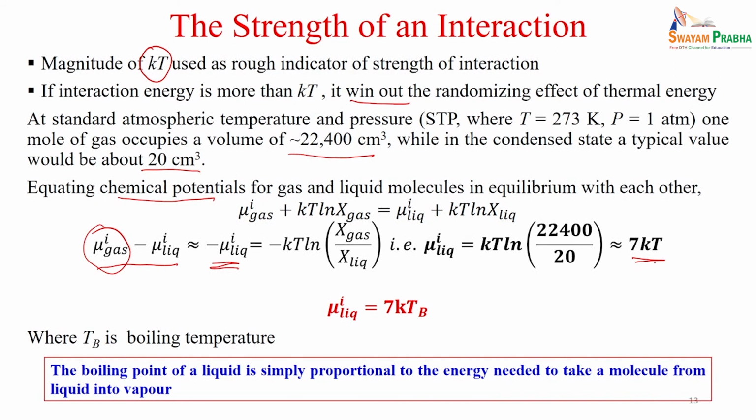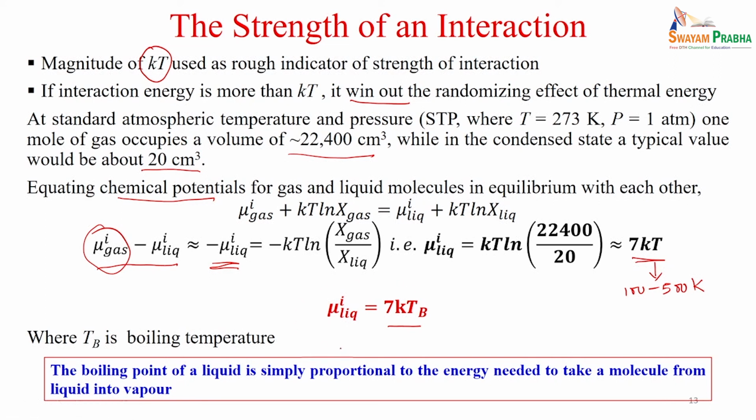And it has been observed that this value does not significantly change with the temperature in the range of maybe 100 to 500 Kelvin. So, if you consider boiling point is falling in this range, we can simply write T as Tb. So mu_i liquid is equal to 7 times the thermal energy.